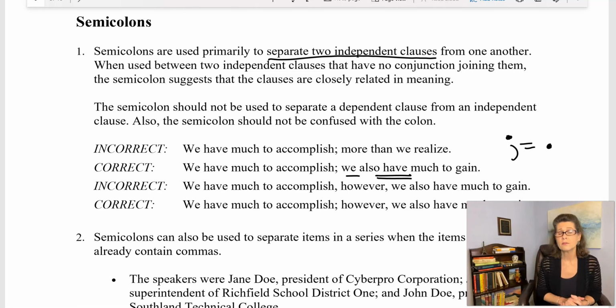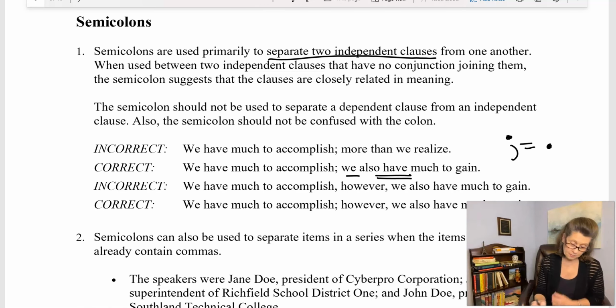So use them sparingly to draw two ideas together to help the reader see connections, because we're always trying to help the reader follow our logic. Why is this sentence here in the paragraph? What does it have to do with the sentence before it? And just by virtue of your using a semicolon instead of a period, you're telling the reader these two ideas are very closely related. Pay attention to how they're closely related.